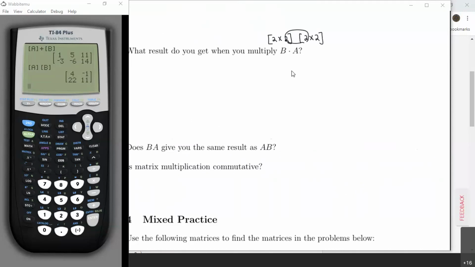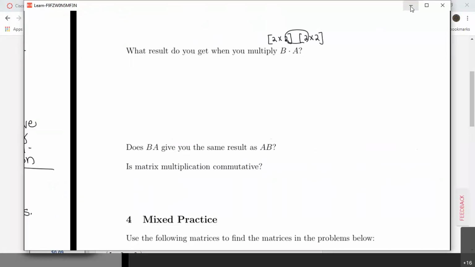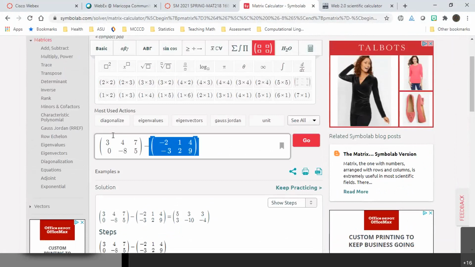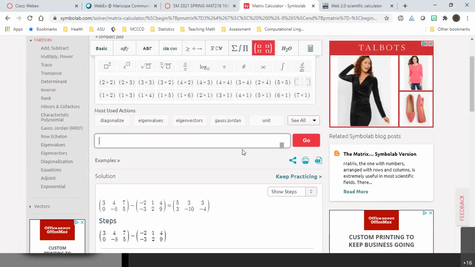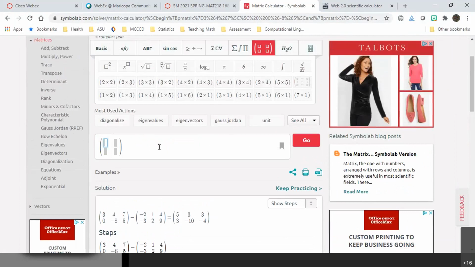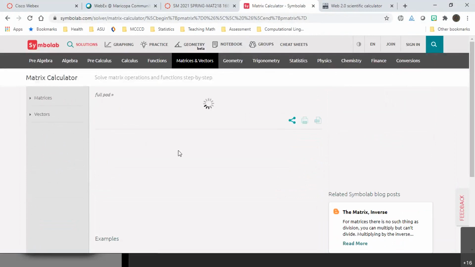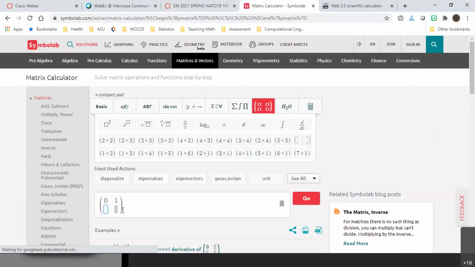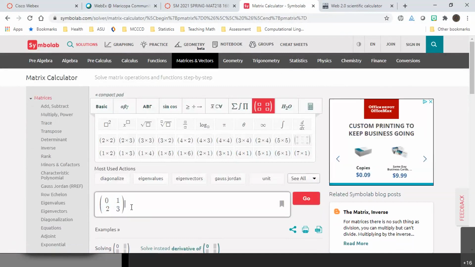All right, so let's try B times A in Symbolab, just so you're comfortable doing this. I'm going to clear this stuff out, just highlight it and backspace over it. And I'm going to put 2 by 2, which was 0, 1, 2, 3.